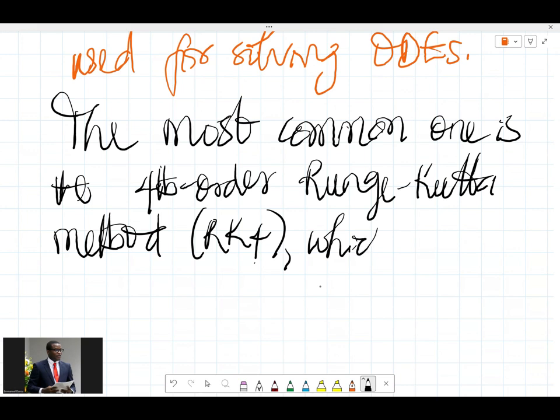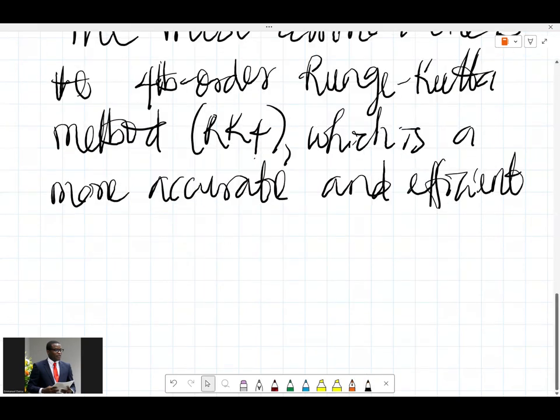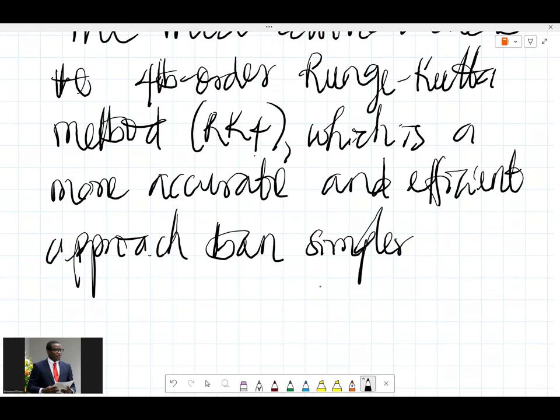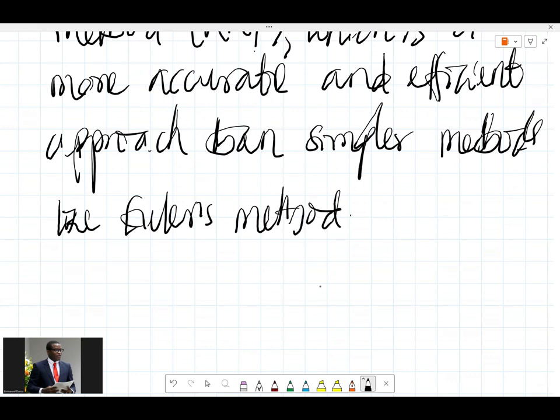Which is a more accurate and efficient approach than simpler methods like Euler's method. The advantage of Euler's method is that it is very simple and easy to implement, but it is not quite as efficient as this other one.